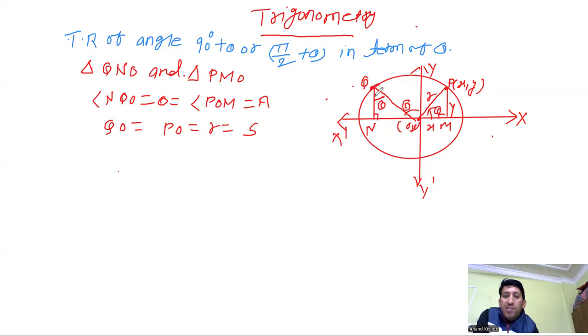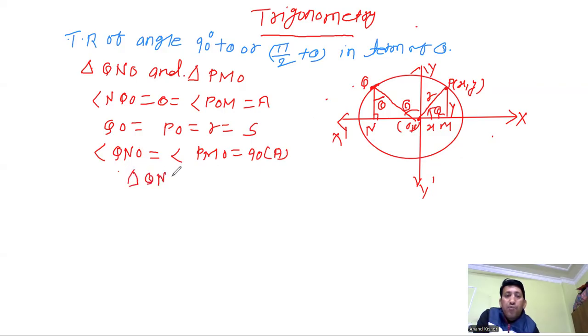So we can write angle QNO is equal to angle PMO, or 90 degrees. So by angle, angle, side, both triangles are congruent.